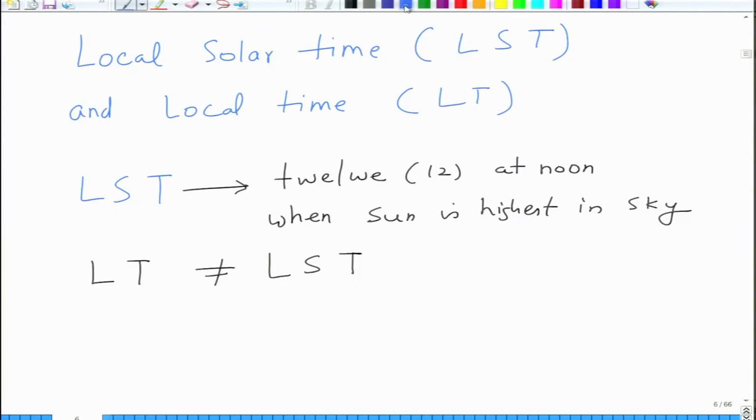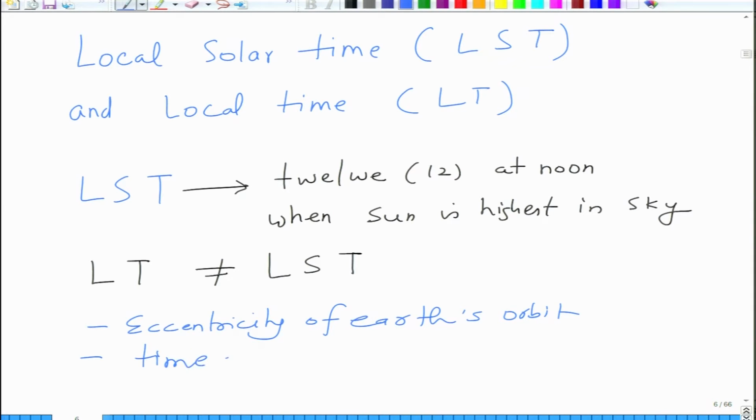So we need to have some corrections for that, and these corrections are because of the eccentricity of Earth, and then we have time zones, and daylight saving.